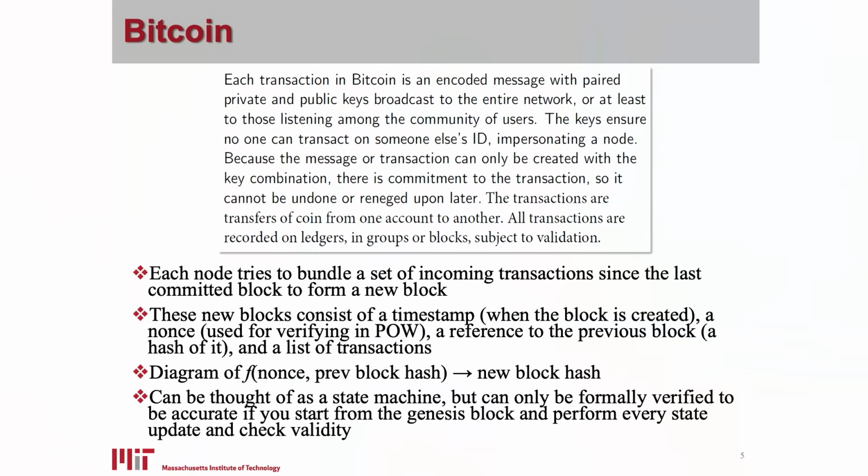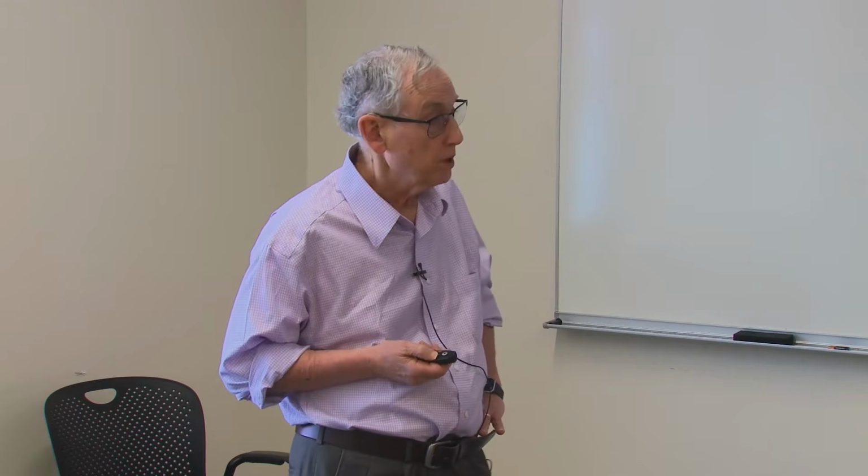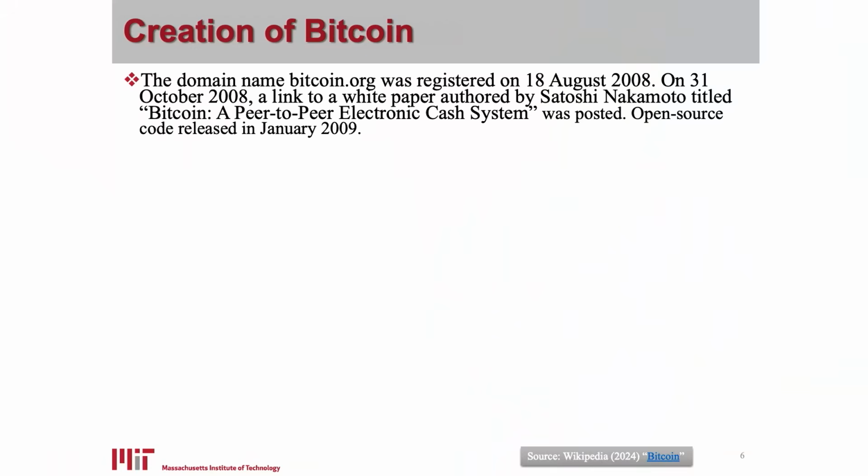It's not a personal identifier. So you know who the node is, but not who's operating the node. The keys ensure no one can transact on someone else's ID. There's a commitment to the transaction, so it can't be undone later. And these transactions are, again, just transfers of, quote, the coin from one account to another. And it's the transactions that are being recorded on the ledger in groups, okay?